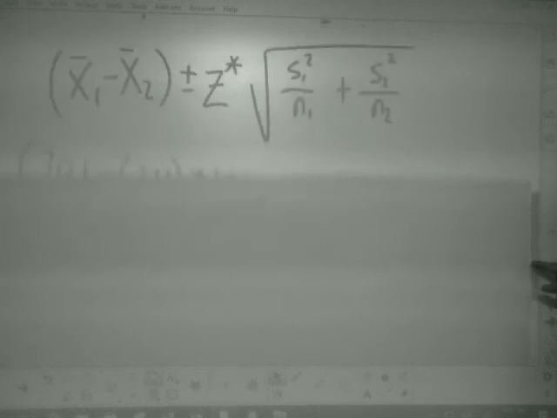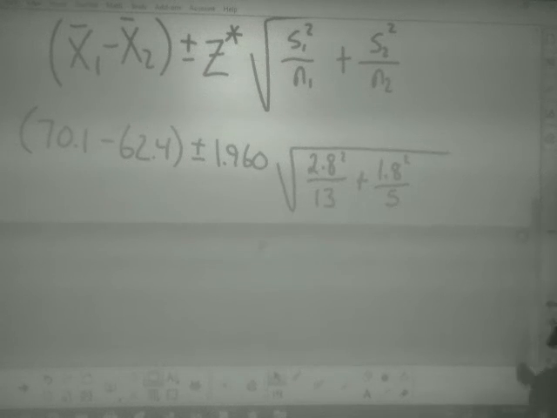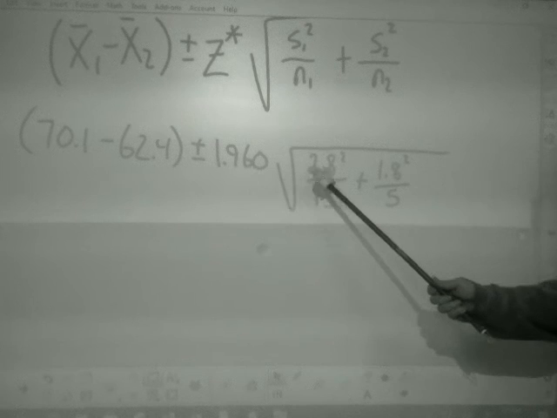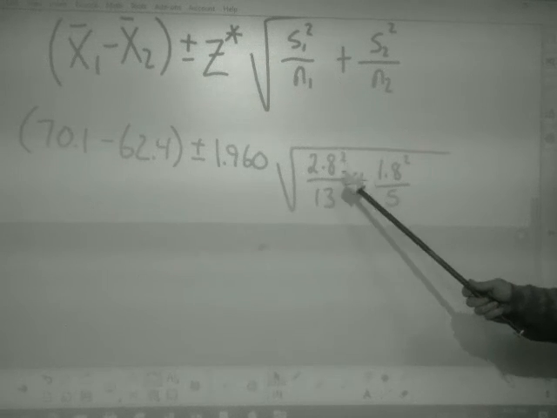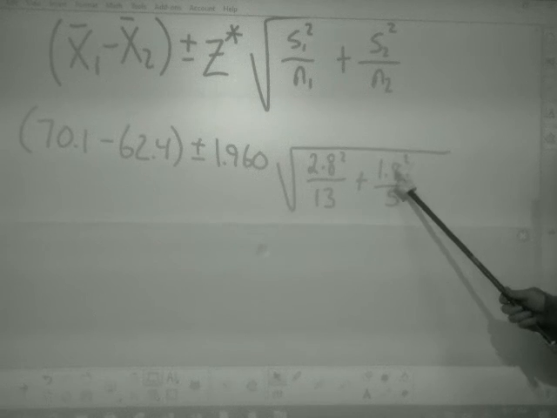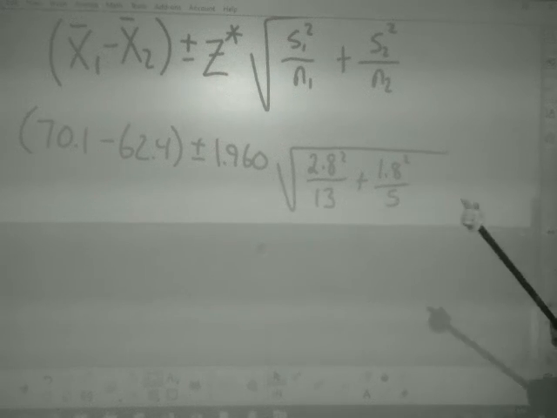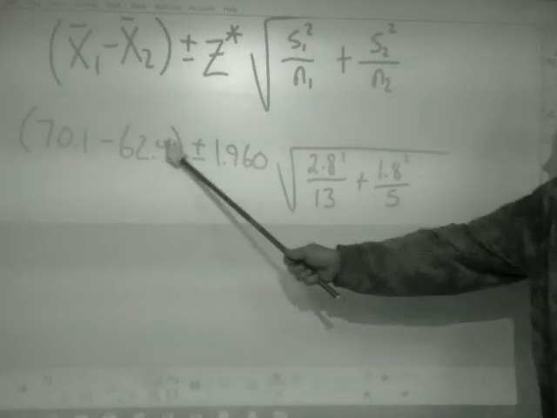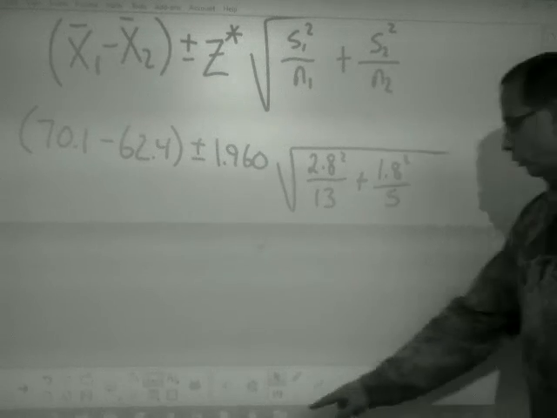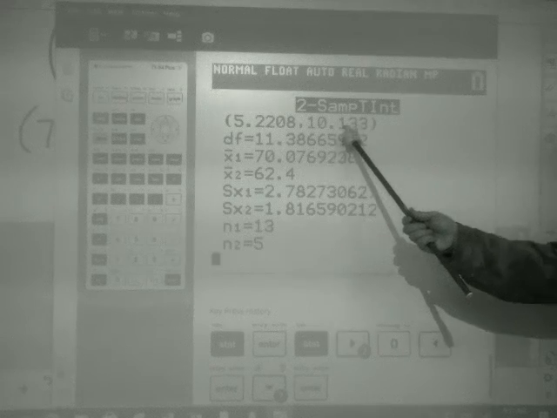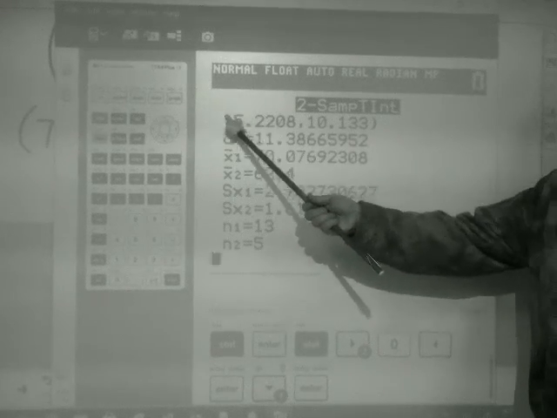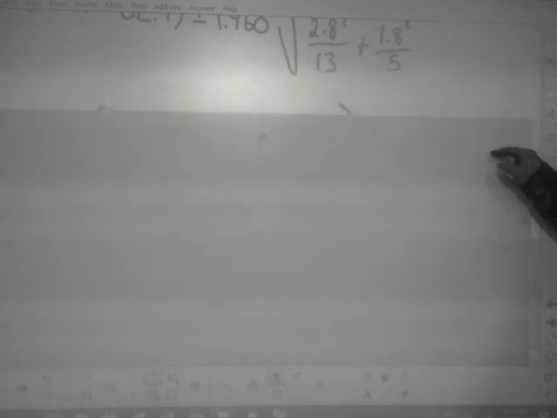So x bar 1, x bar 2, my z star number of 1.960, my Sx1 squared. I don't have to square it, I just write the squared symbol up there over n1, Sx2 squared over n2. Fill in the formula. If I typed all this out, what would I get? I would get this in parentheses. This would be from the minus side, this is from the plus side if I typed all that into my calculator.